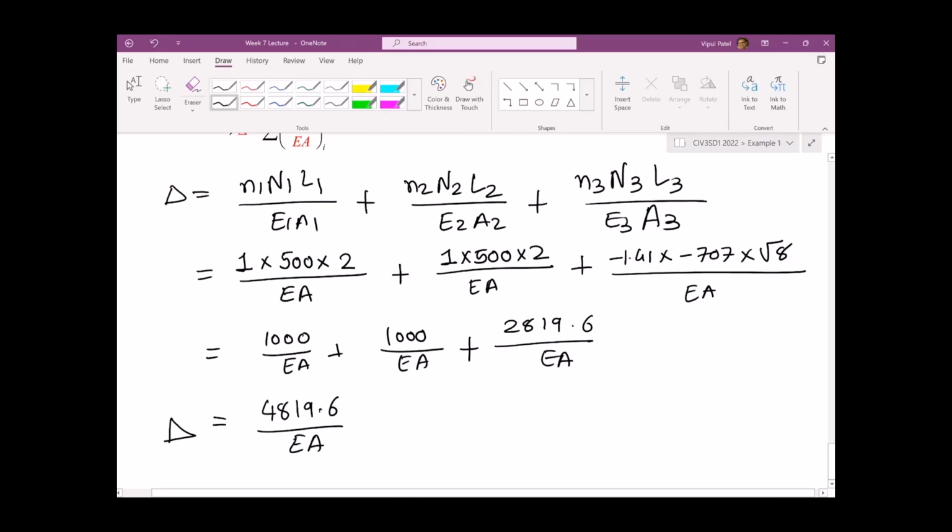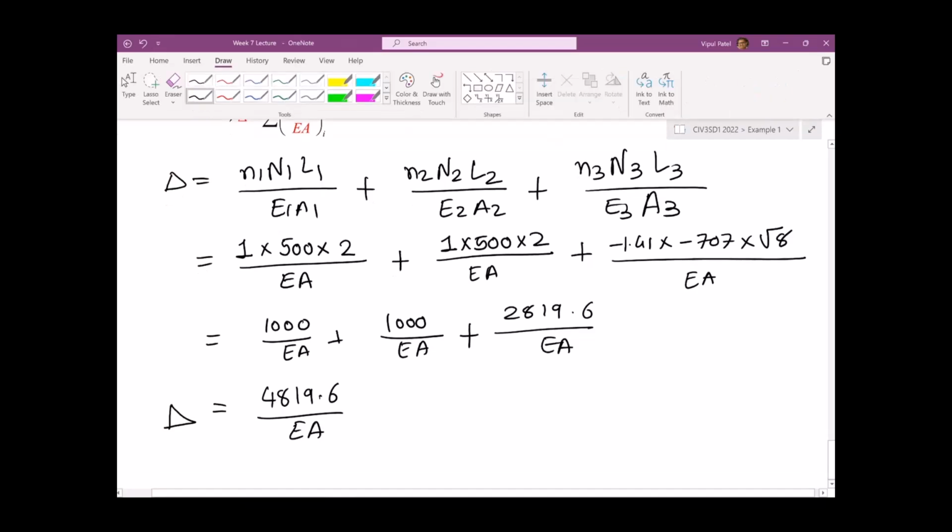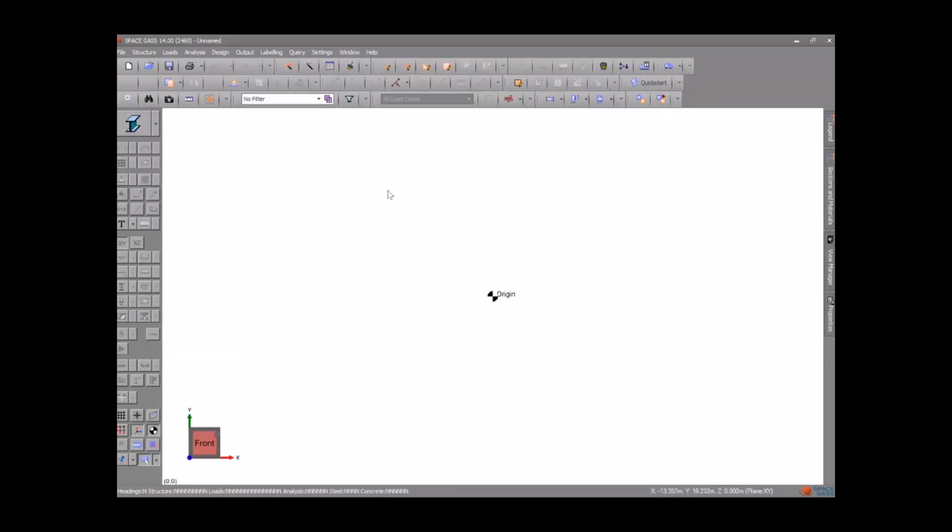Right? You got the points here. Do you understand, or is it too fast? We can use the software for these examples as well. So in here we can just draw the members.